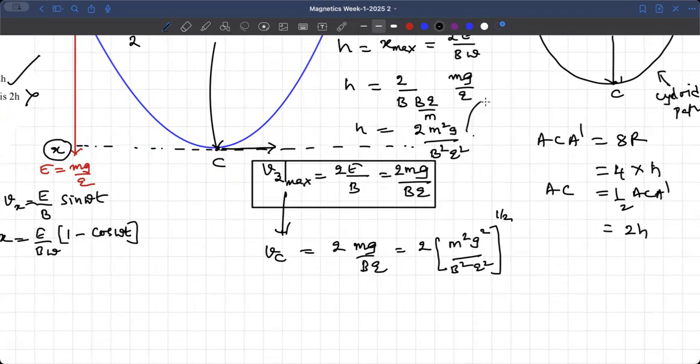From this you can remake it as mg by Bq can be given as under root h by 2g.